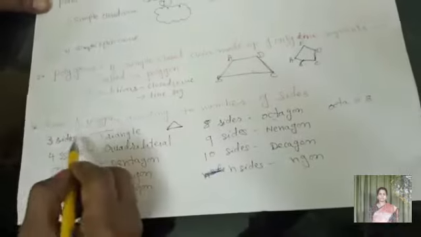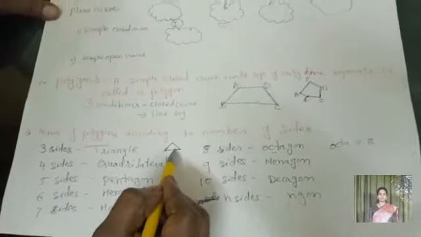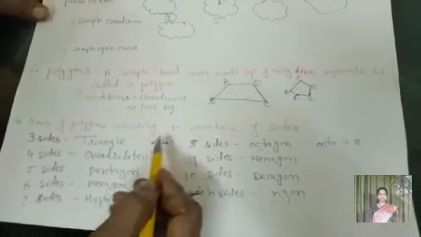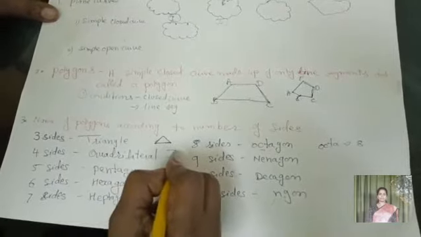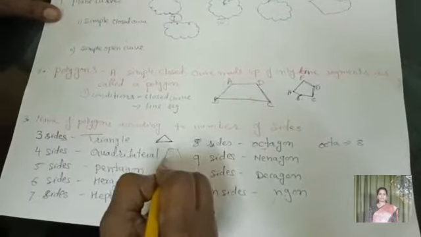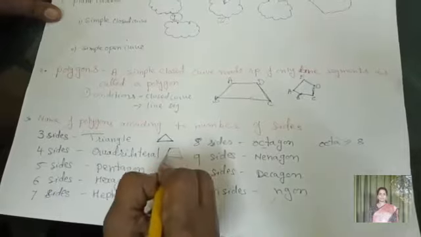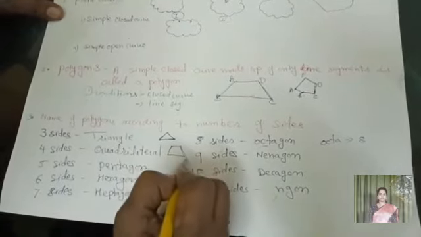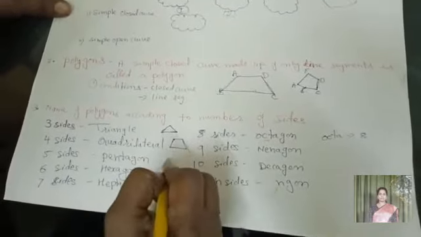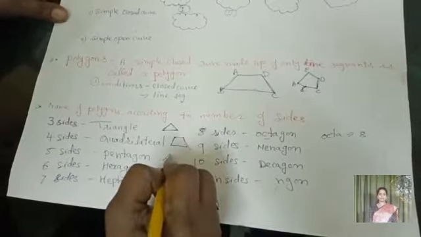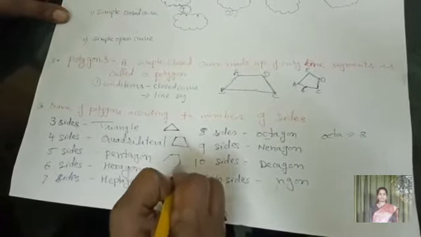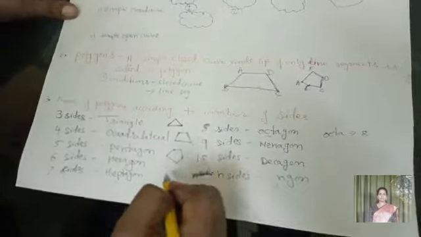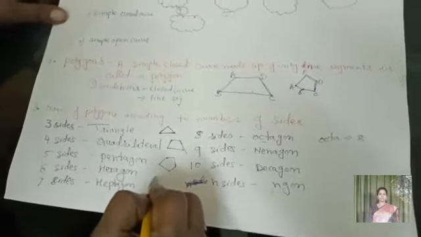If it is 3-sided, we will call it a triangle. 4-sided, quadri means 4, we will call it a quadrilateral. If it is 5-sided, we will call it a pentagon. 6-sided, hexagon.